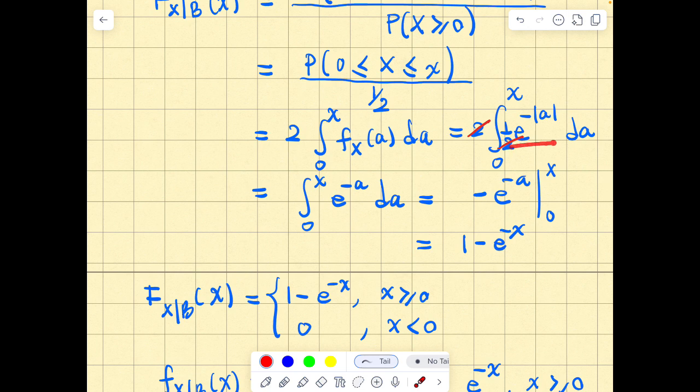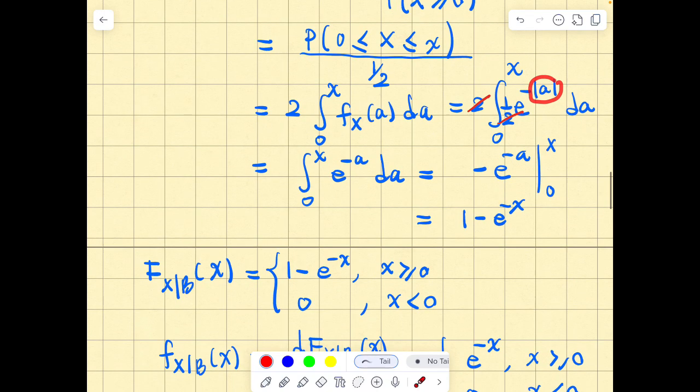And again, we plug in the PDF from before. So the 2 in front is going to multiply with 1/2, you get 1. Integrate from 0 to x. And again, since this range of integration is only positive, we don't need absolute values of a. So just a, so e to the minus a. You integrate this, you get 1 minus e to the power of minus x.